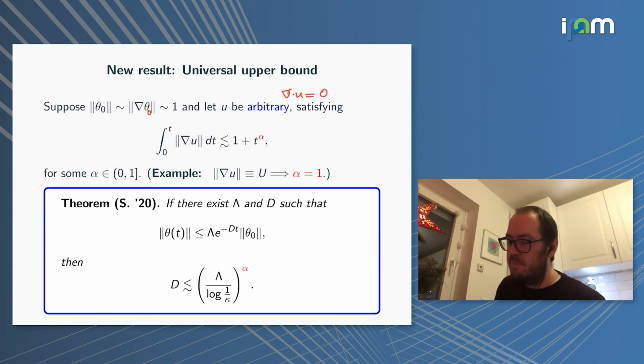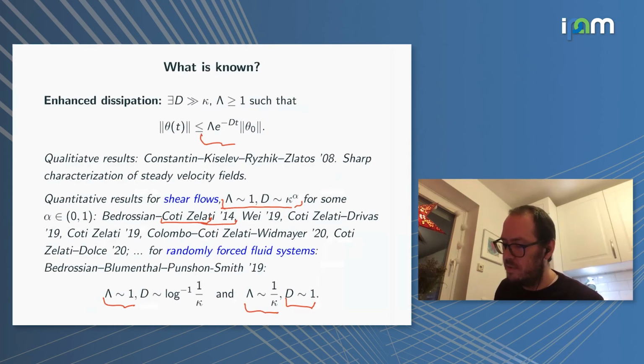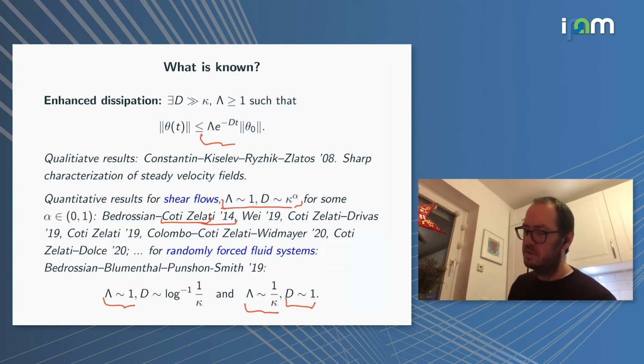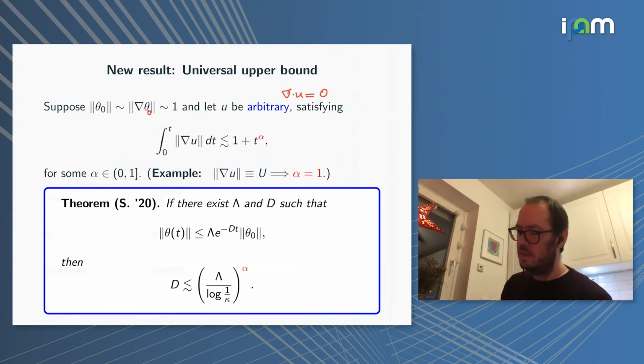And I'm imposing an integral bound on the velocity gradient in this way. The reason why I'm imposing this bound is because this group, Bedrossian, Blumenthal, Punshon-Smith, have similar estimates on the velocity field. They are a little bit weaker than what we often consider, namely fixed enstrophy bounds.